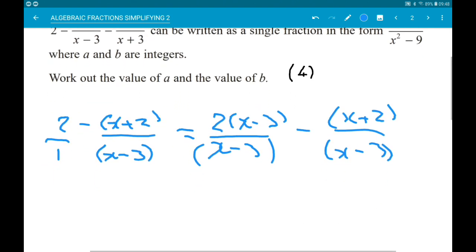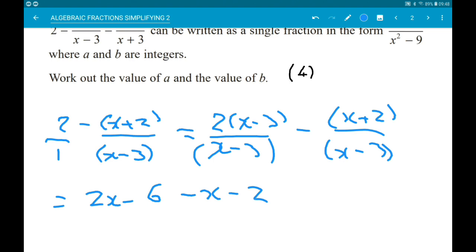Now if we expand the brackets in the first one, we can combine these because they have a common denominator. Then we have 2x minus 6, minus x minus 2, all over x minus 3.